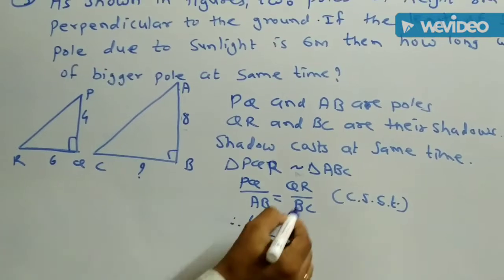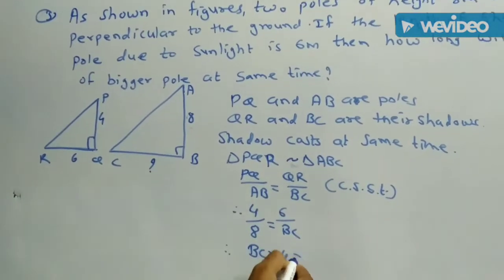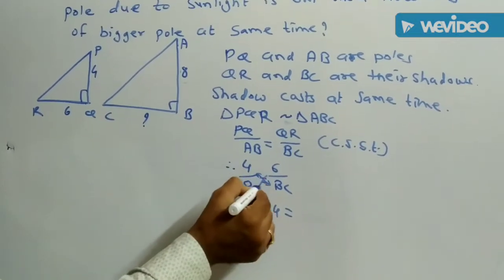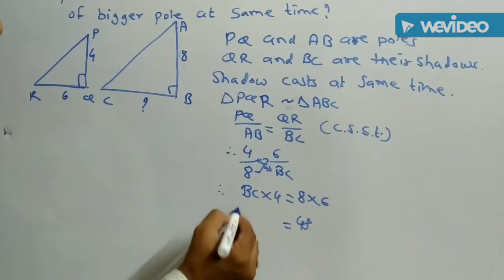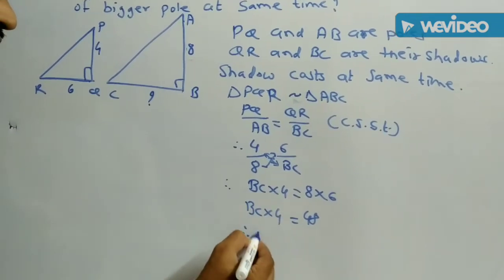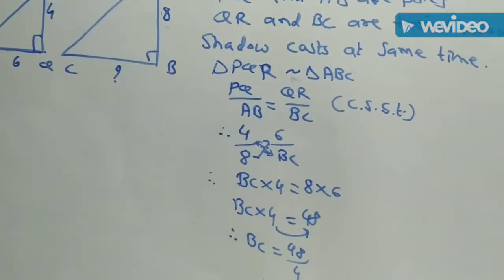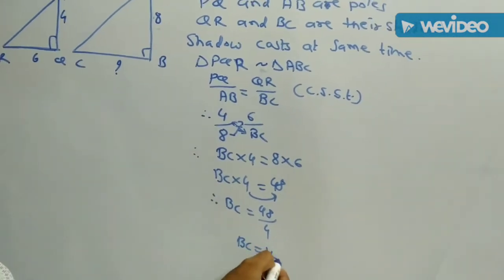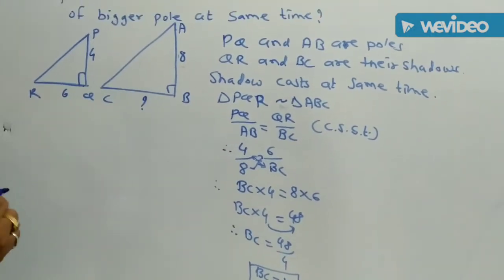Taking cross product, we get 4 into BC, and 8 into 6 is 48. BC into 4 is 48, and multiplied 4 gets converted to division, BC is equal to 48 upon 4, that is 12.